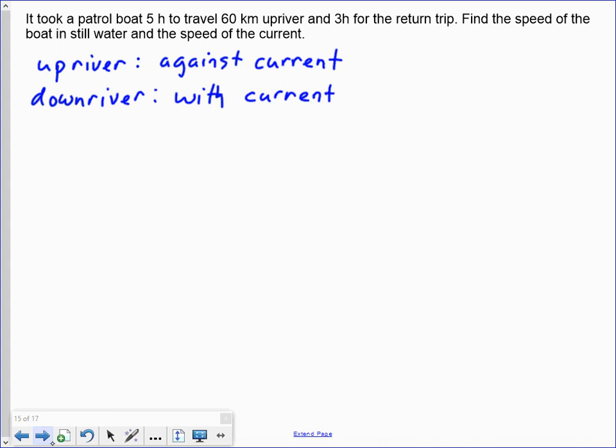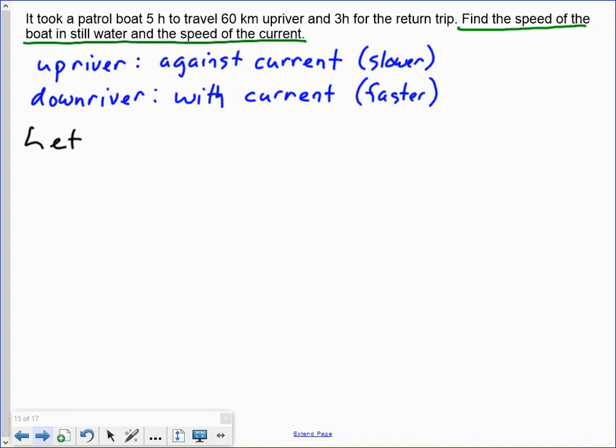Well, with the current is obviously faster than against the current. This is slower. Okay. Now, what are we trying to find here? We're trying to find the speed of the boat in still water and the speed of the current. So those are going to be our two variables. Let B be the boat speed. And let C be the current.